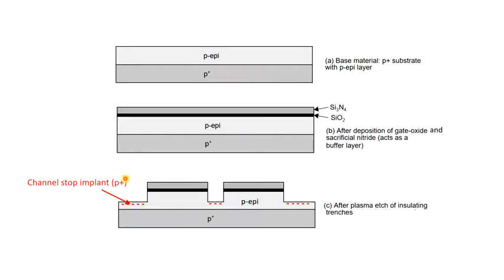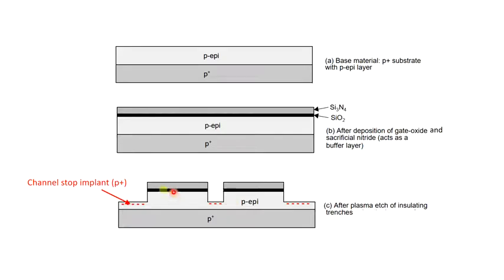We will use an implantation of a group 3 material, so that this top surface layer in this region will change from P type to P plus, meaning a heavily doped P region. How this implantation helps improve the isolation, we will discuss in the next slide.